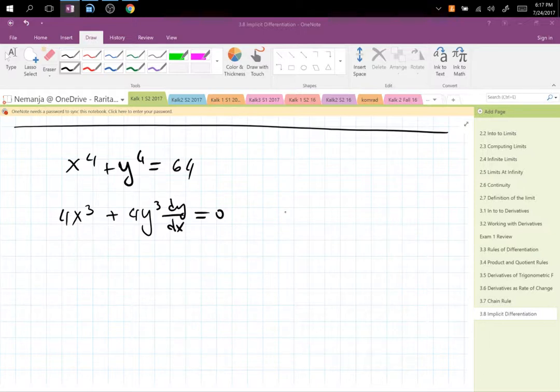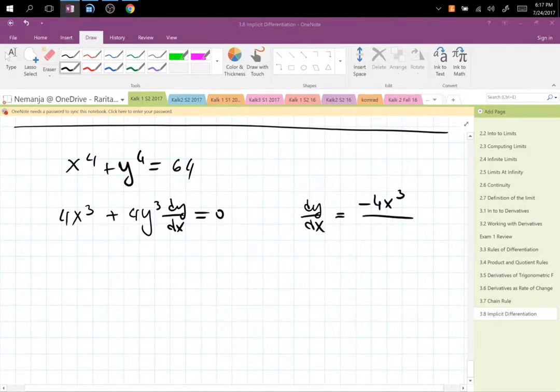You are either going to take the derivative now, as is, which means you will be dealing with a product rule here, or you will solve for dy/dx, and then you will be dealing with the quotient rule later. There is a trade-off. So whatever you want to do, I'm just going to show on the side that dy/dx would be negative 4x cubed over 4y cubed, and then these 4's cancel. So that's the first derivative.